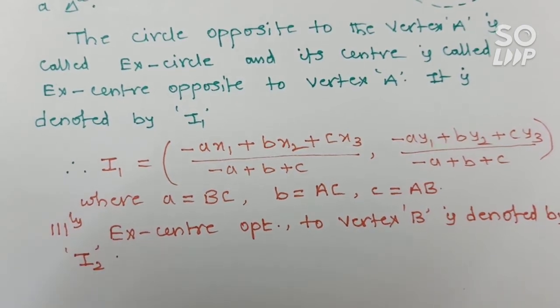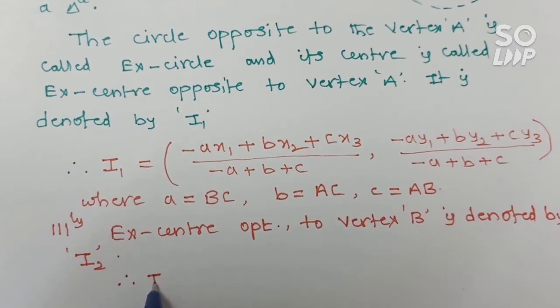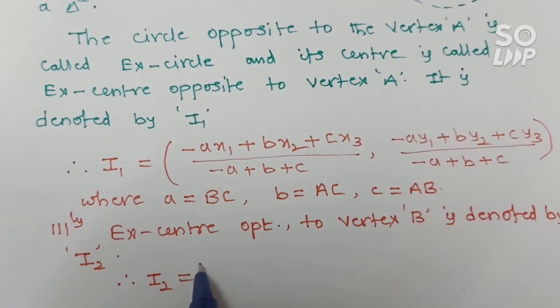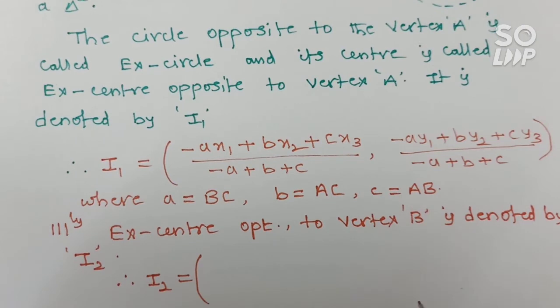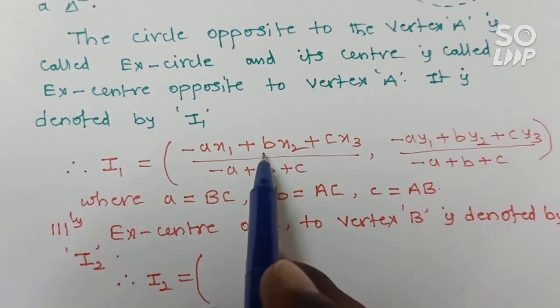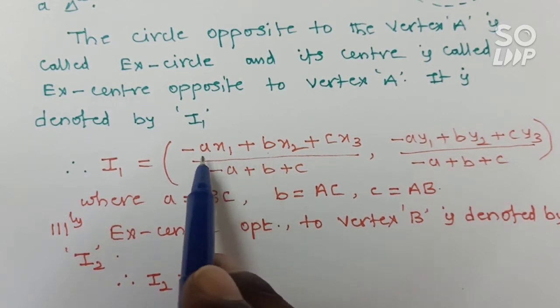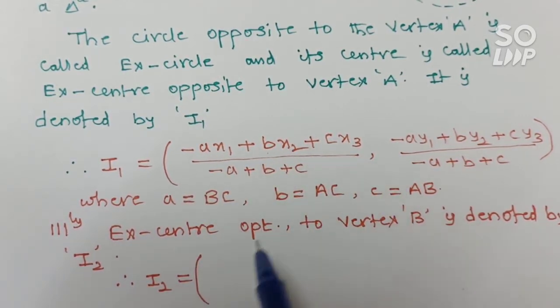So how can we find the coordinates of I2? Therefore I2 is equal to, opposite to vertex B means in this formula small b will have the negative sign, and the remaining terms will be positive.